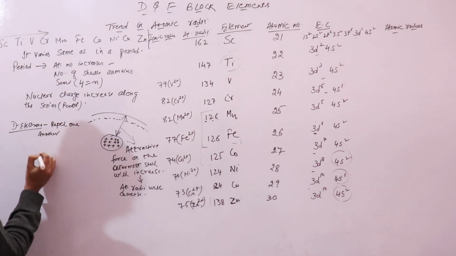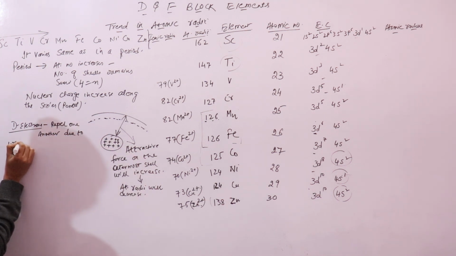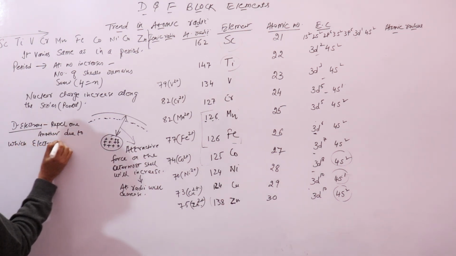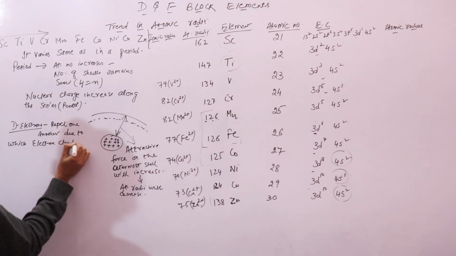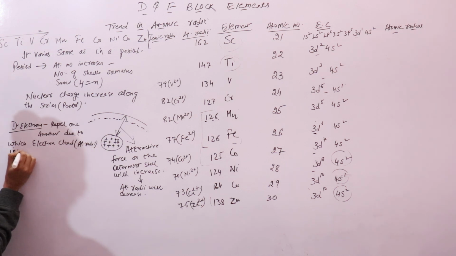These d electrons repel one another, due to which the electron cloud, or you can say atomic radii, increases, right?